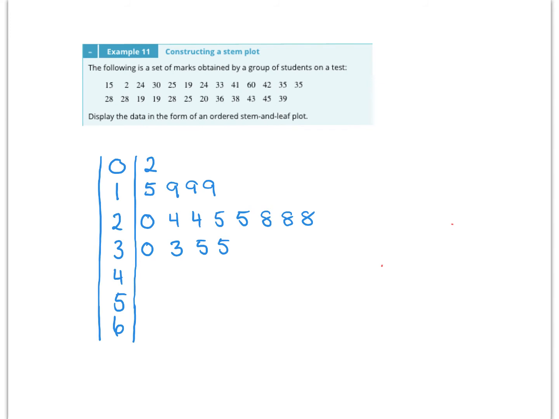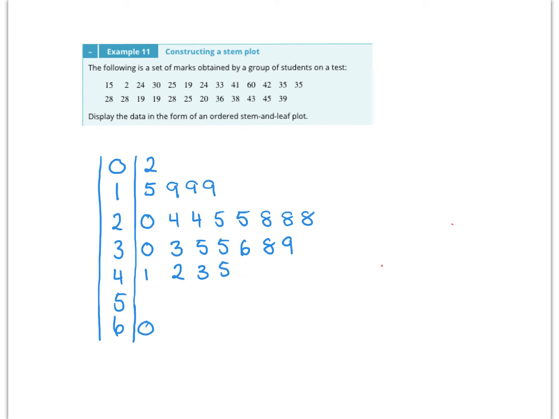A 36. A 38 and a 39. And then I had a 41. 42. So you can see my leaves are underneath each other too, and that's very important, otherwise the shape won't look correct. And then I had a 60.